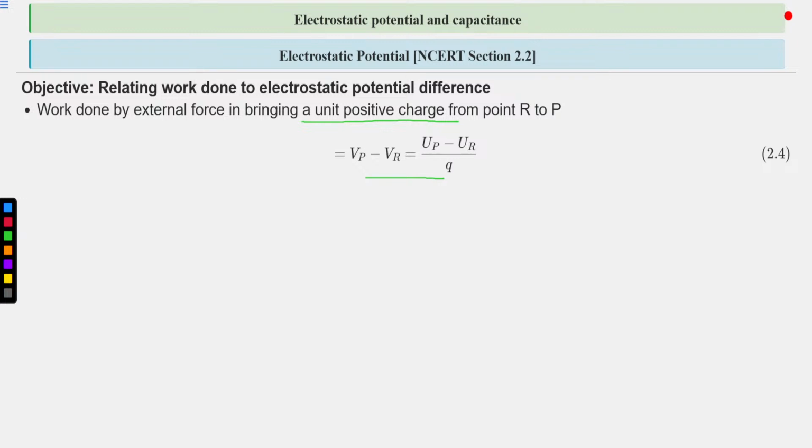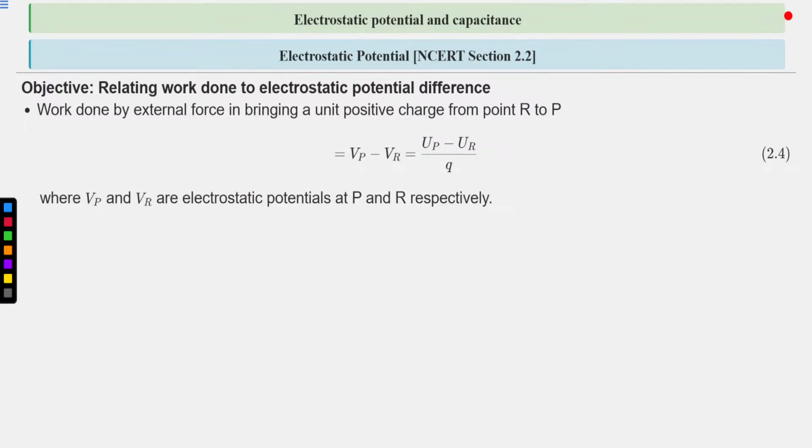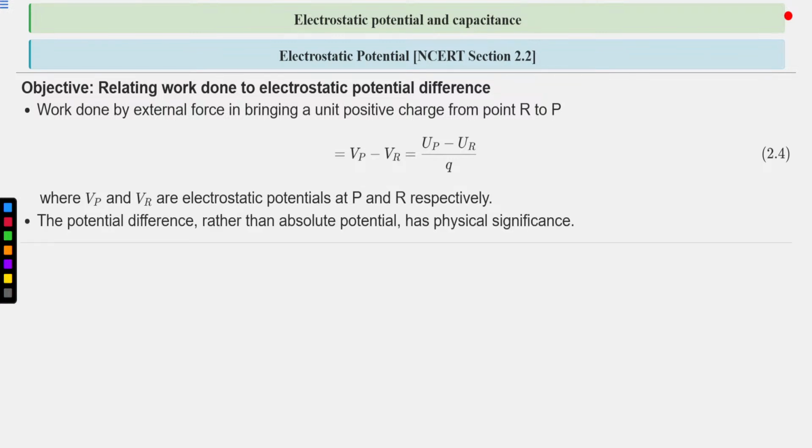Up minus Ur is the work done to bring a charge from point R to P, and upon Q this will result in the potential difference between two points, where Vp and Vr are electrostatic potentials at P and R respectively.